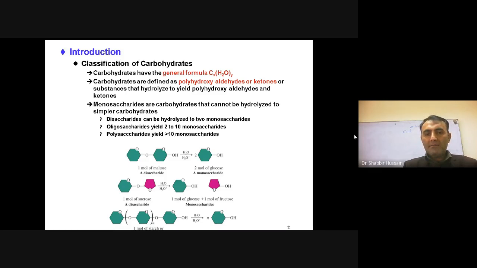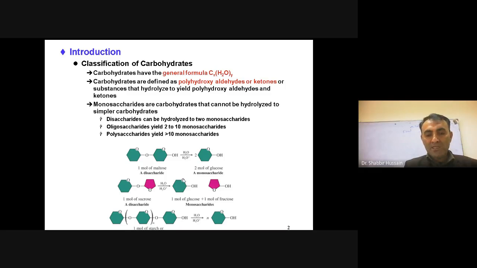Suppose 1 mole of maltose on hydrolysis gives 2 moles of glucose, it means this is a disaccharide or oligosaccharide. Similarly, 1 mole of sucrose, that is table sugar, on hydrolysis leads to the formation of 1 glucose and 1 fructose.